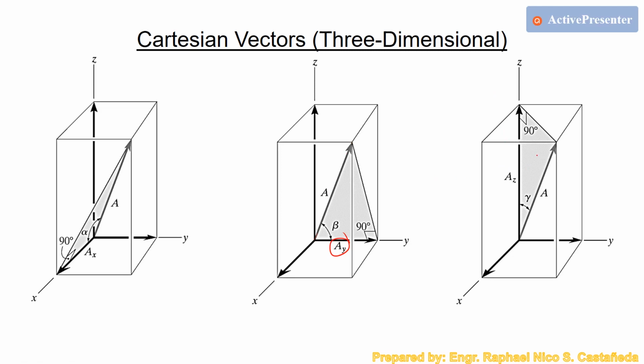Remember that this triangle right here comes from a three-dimensional figure. So maybe you are asking how come this is 90 degrees. If you are looking at the 2D plane, it is not 90 degrees, obviously. But in a three-dimensional figure, if you are considering the space itself, this one is a rectangle because this one is a 90-degree corner.